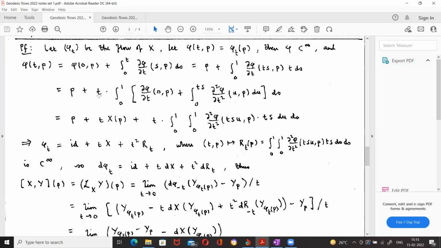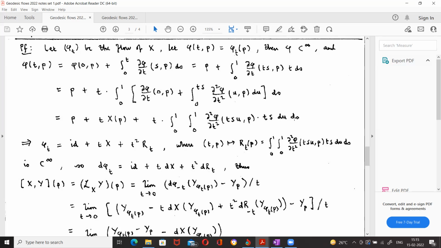And then plus I have a t outside here times an integral from 0 to 1. And then this integral from 0 to ts, I do again a rescaling to make it an integral from 0 to 1. Then this becomes the integral of del squared phi del t squared, ts u comma p, into ts du ds.